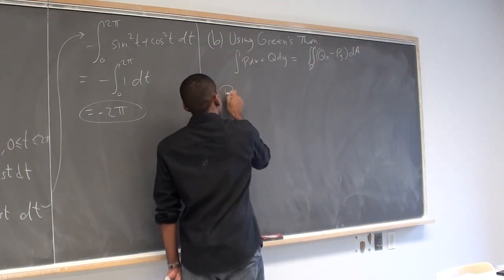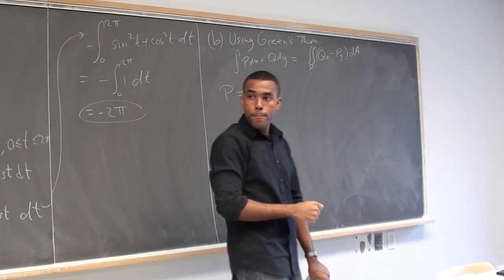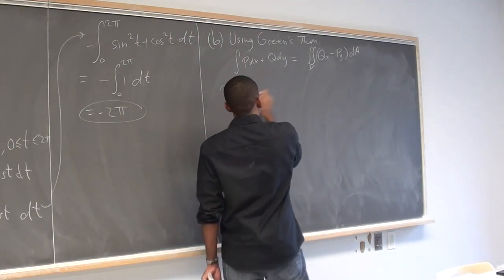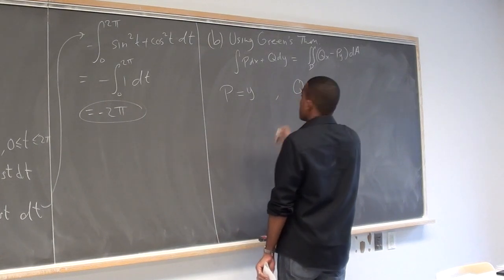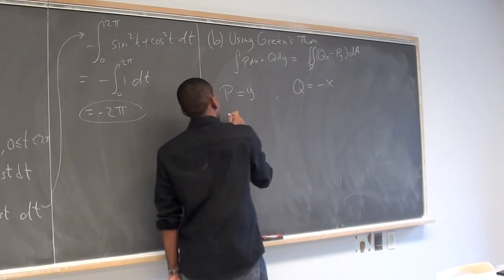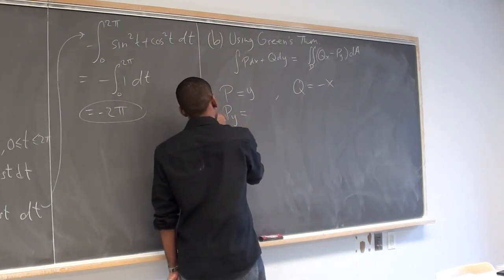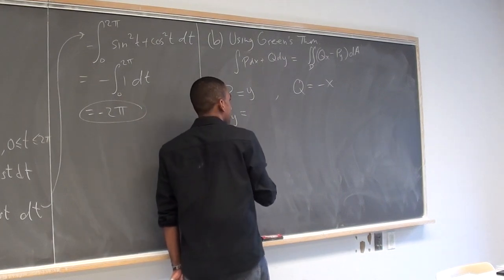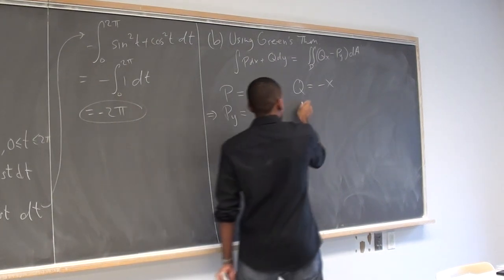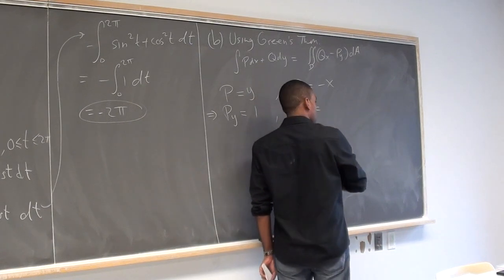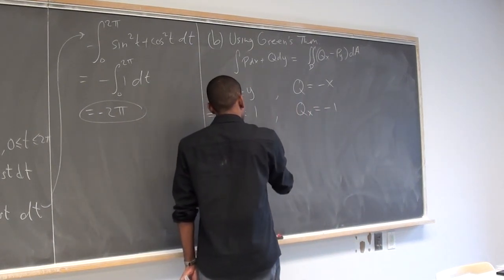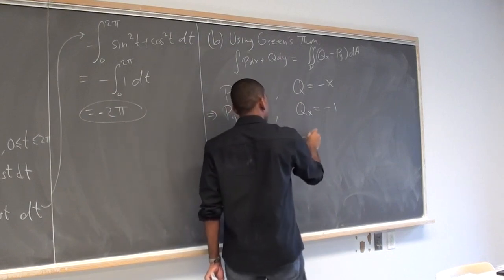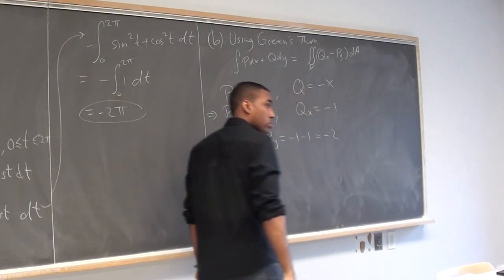Right? Here, what is our P? What is our Q? Minus x, right? So if I take Py, that gives me what? 1. Qx would be minus 1. This implies Qx minus Py would just be minus 1, minus 1, so minus 2, right?